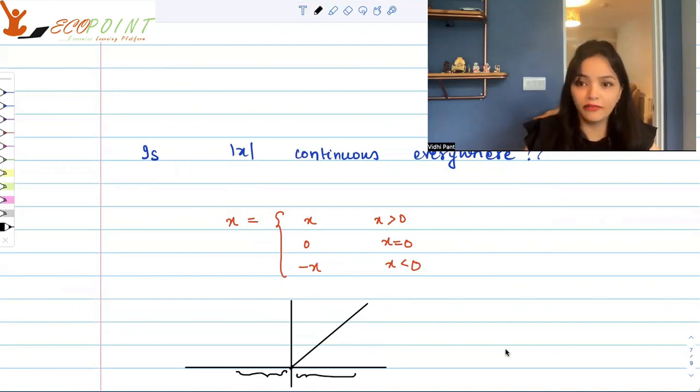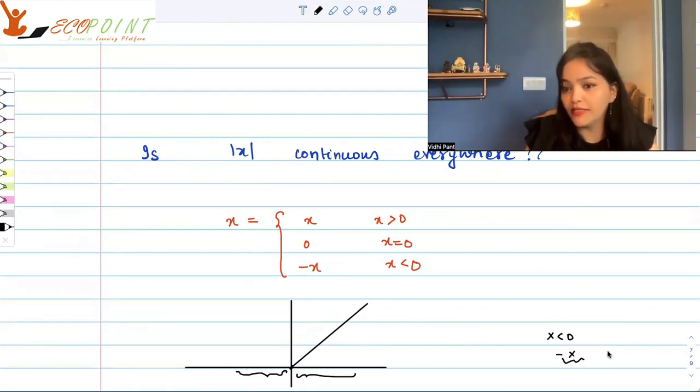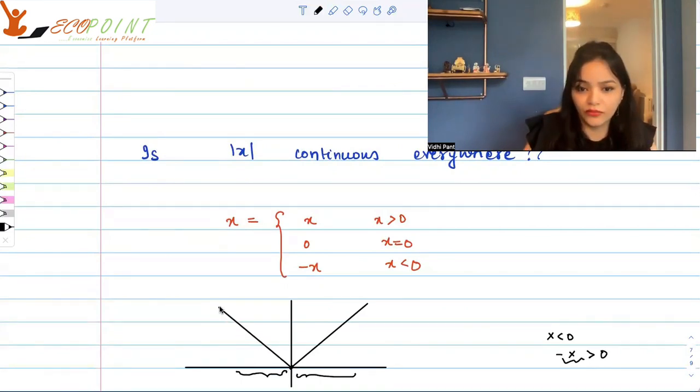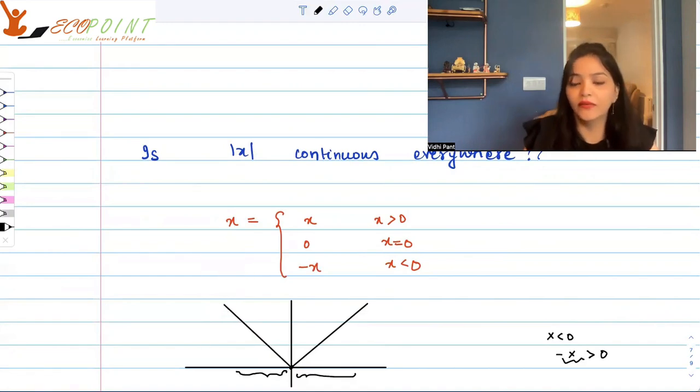Now, since x is less than 0, minus x would basically be greater than 0. So it will give you a positive value, which is quantity-wise same as x. So this is the graph of modulus of x.